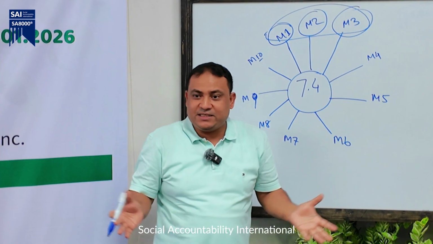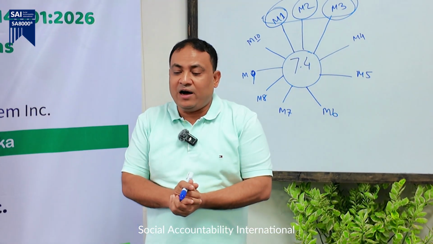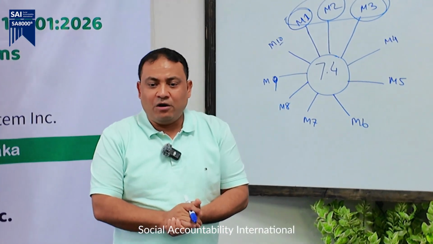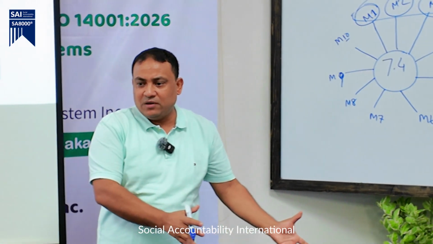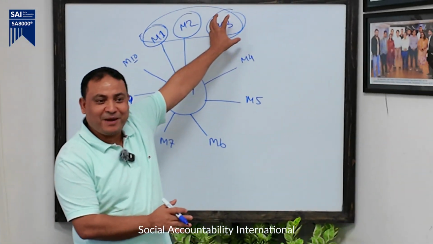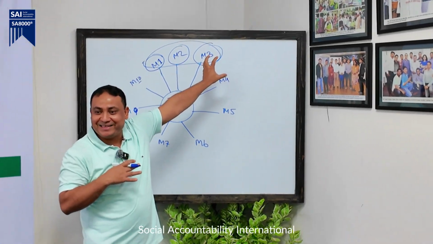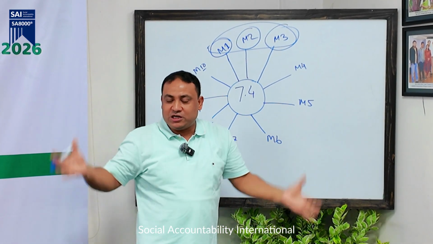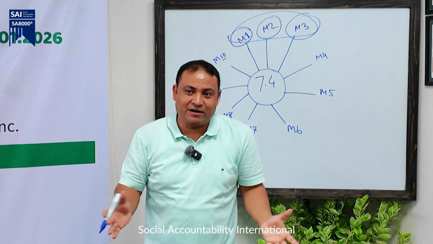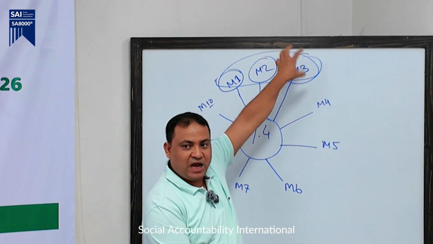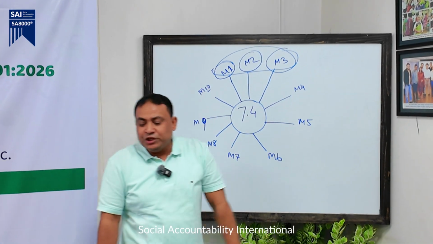What is their expectation? If we have a customer, like a brand who is buying products from us, they have their own expectation regarding my supply chain, regarding my suppliers, from where I can buy, what will be the minimum criteria, right? So we need to map those stakeholders, then we need to know their expectation.